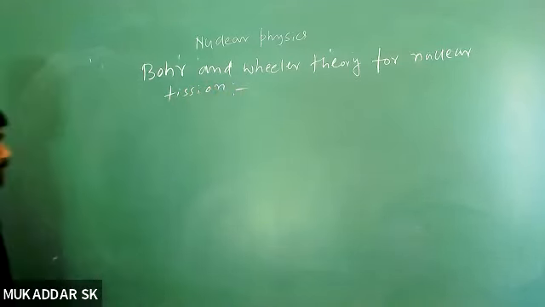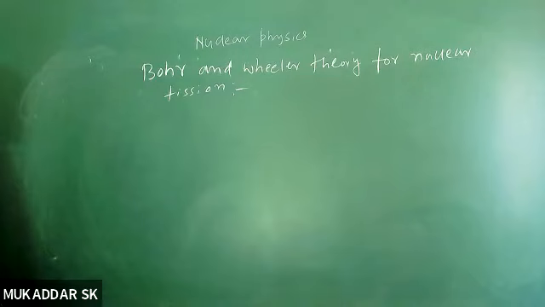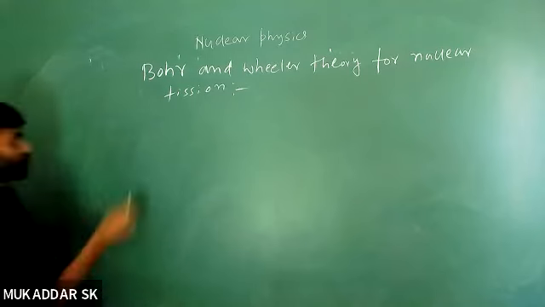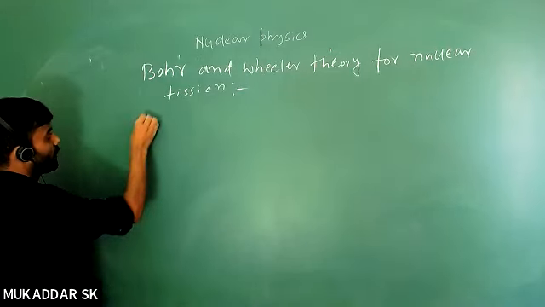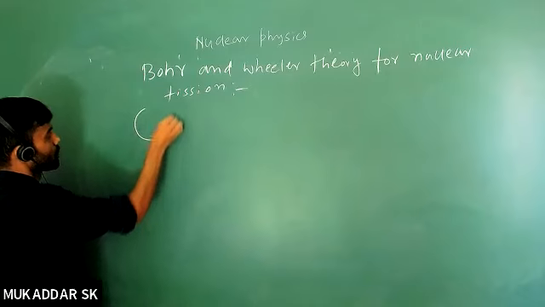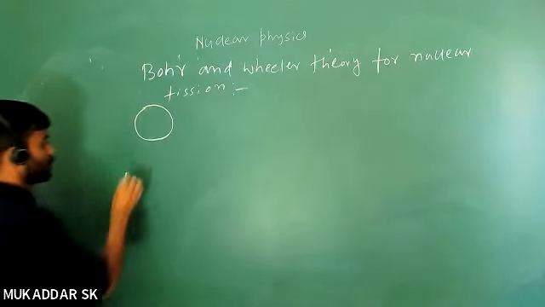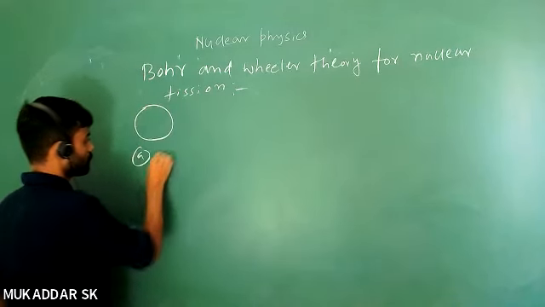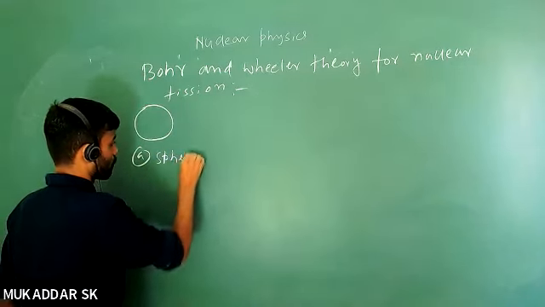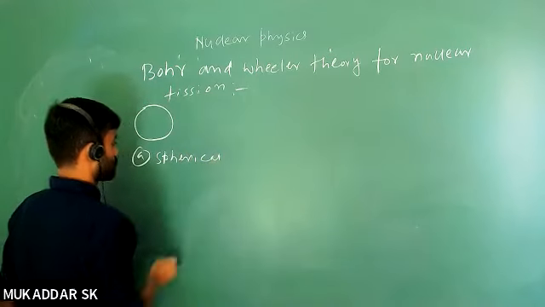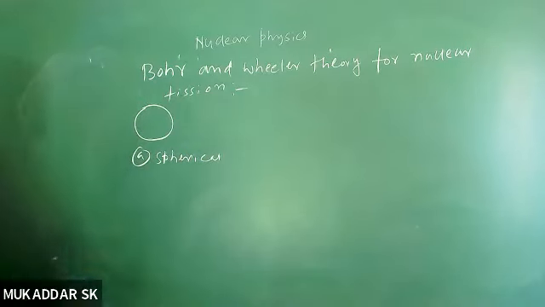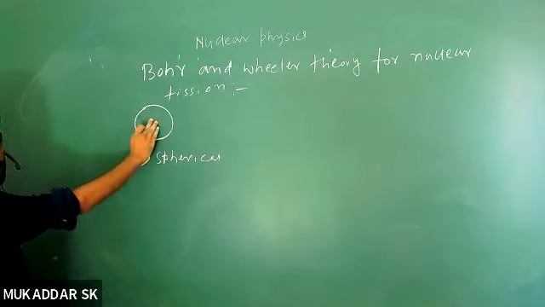So what they are saying: suppose you have uranium 92 235. It is capturing a neutron. So initially after capturing, it will go to that excited state, but initially it will have a spherical shape. Okay, so this is the initial shape.